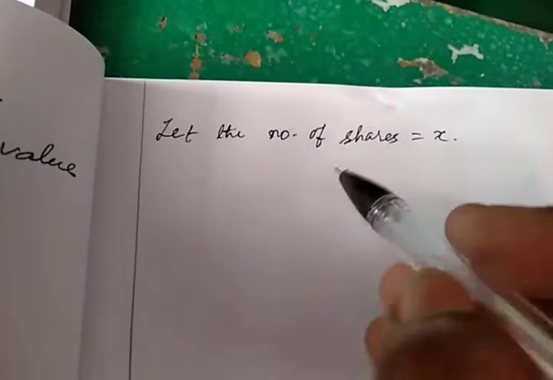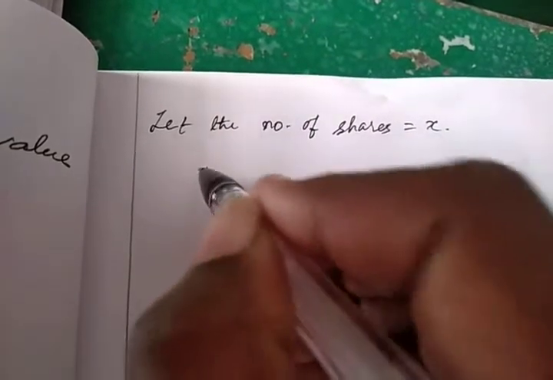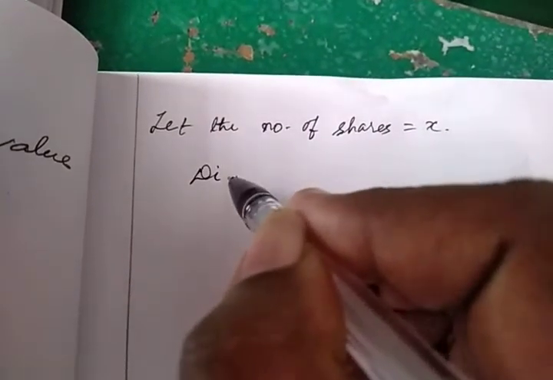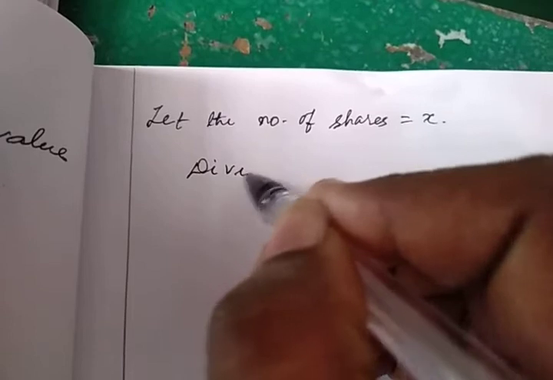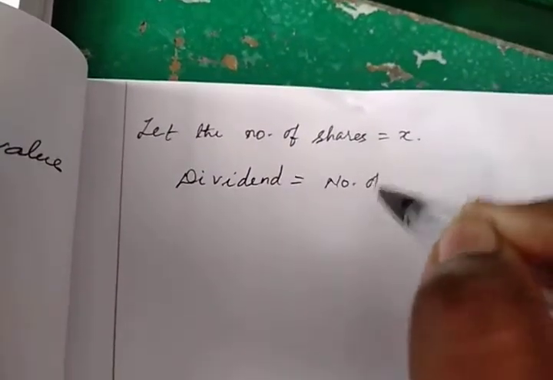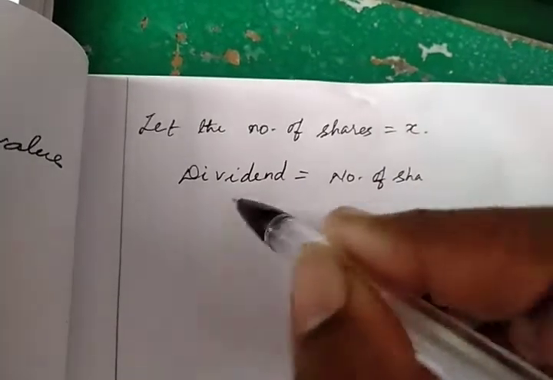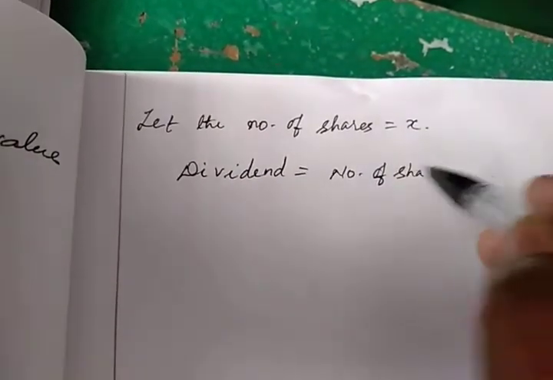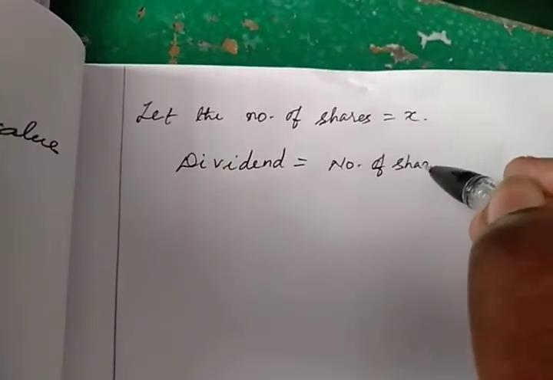Let the number of shares equal X. So what is the formula for finding the number of shares? Dividend equals number of shares into face value into rate percentage. That is the formula for finding the profit, and from that we will find the number of shares.